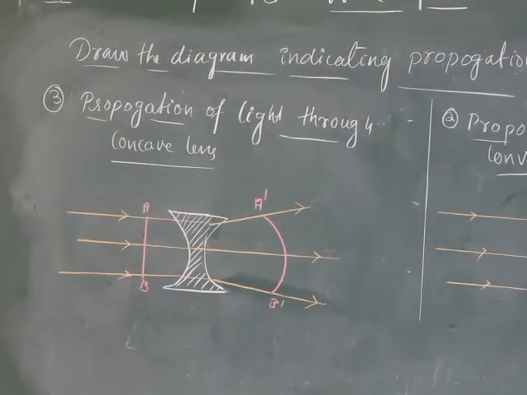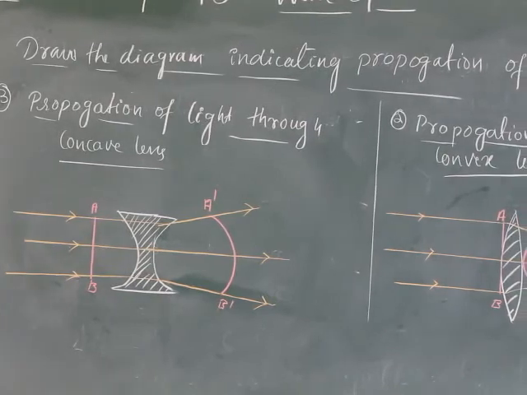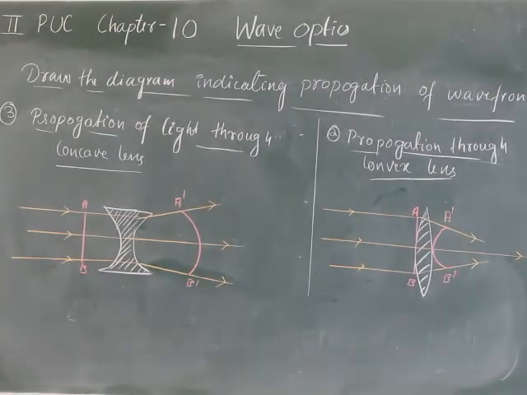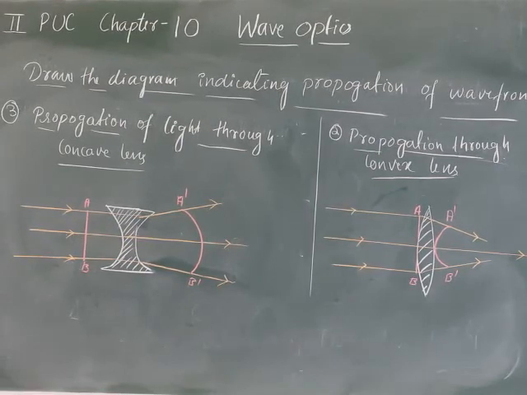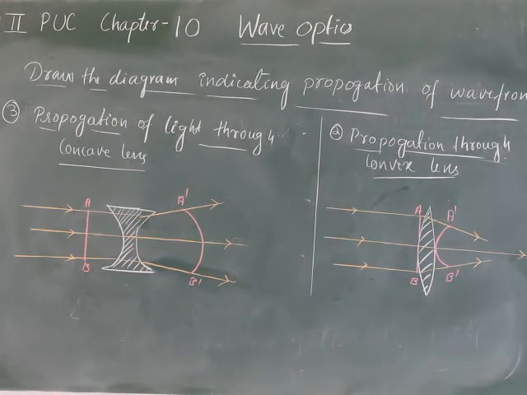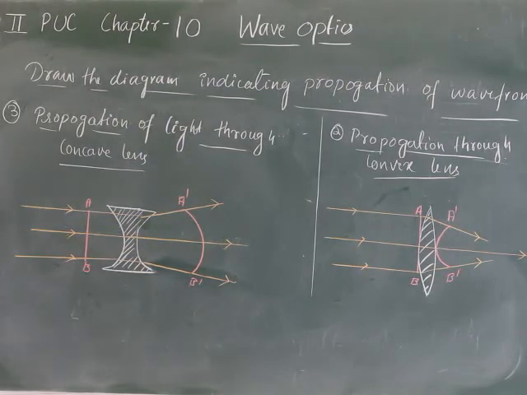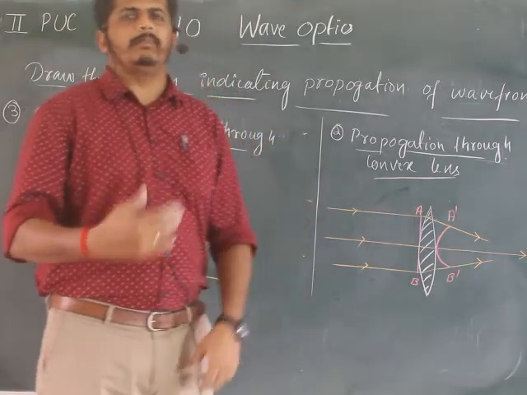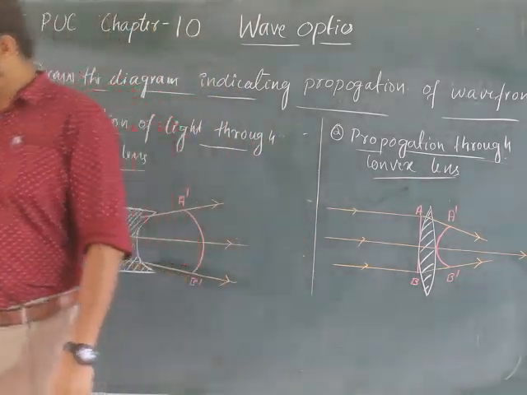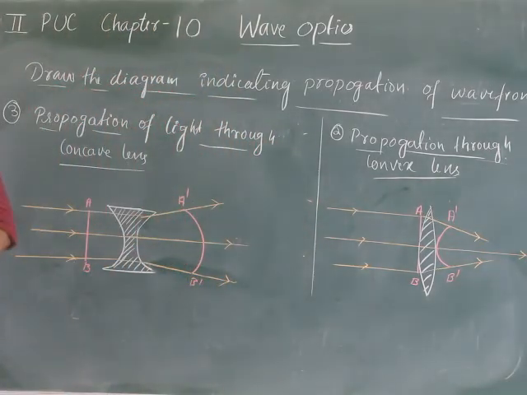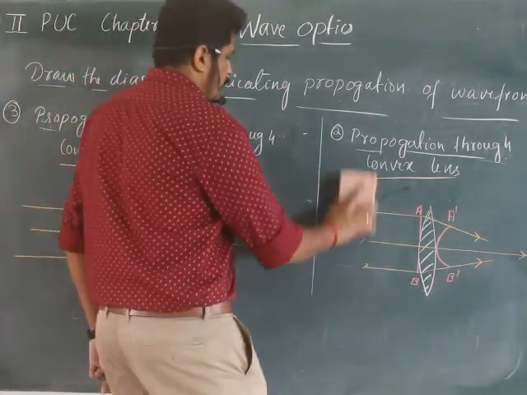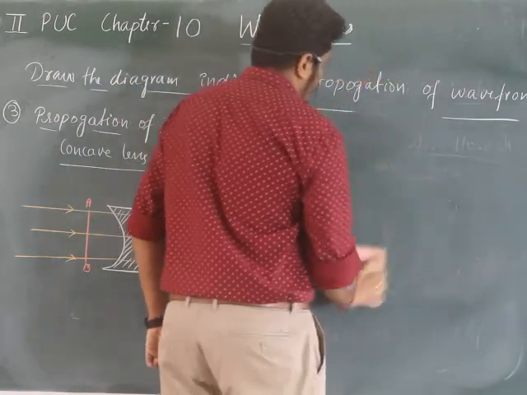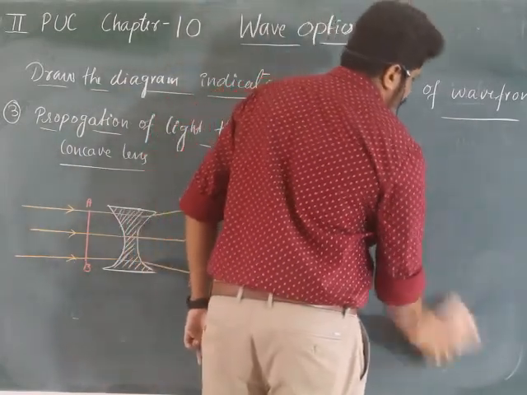Yes. Let us go for the next one. Let us move on to the mirror concept. That means propagation of the same light wave, that is the plane wavefront, when it is incident on a mirror, what happens? Let us see. Okay. So I will draw here. Two types of mirrors are there, concave and convex mirror.